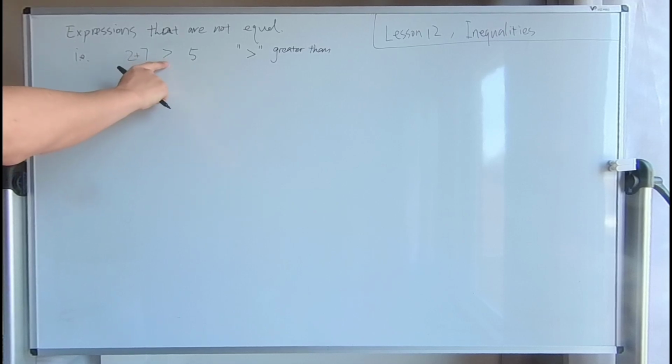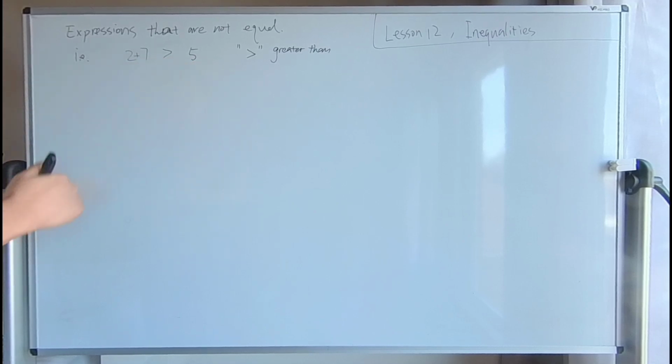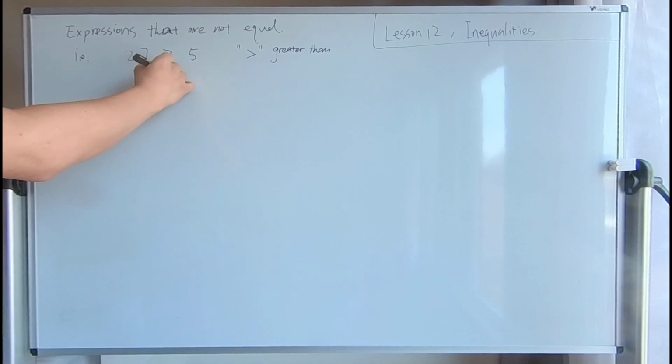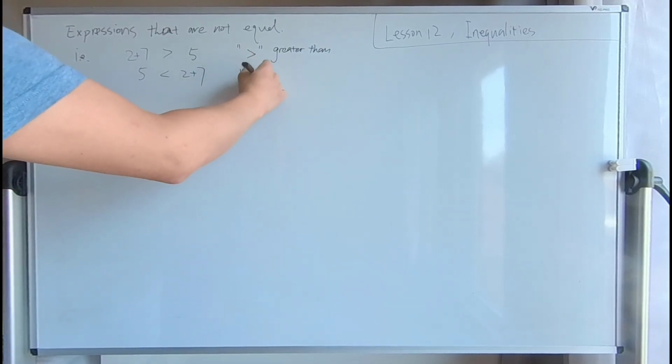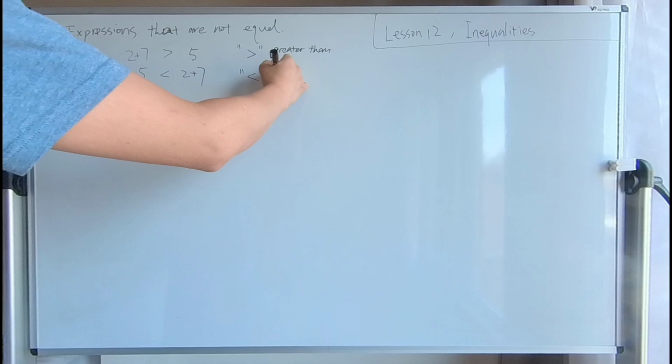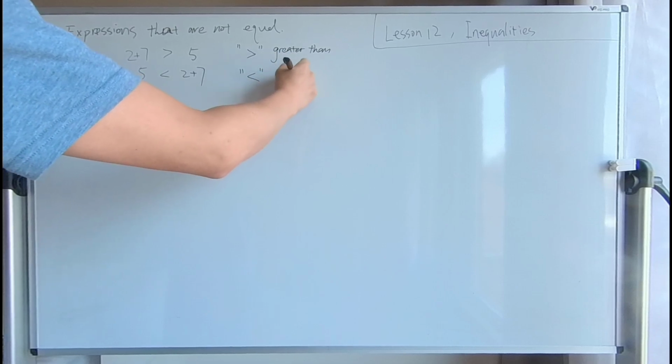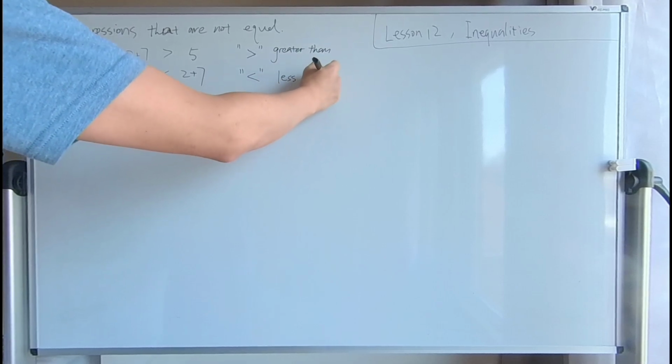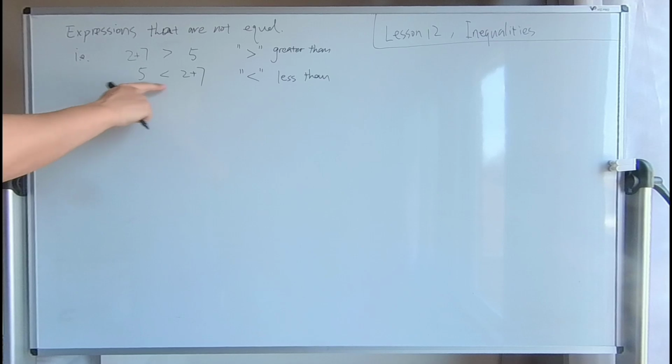So 9 is greater than 5. And if I change the order, then I'm using the opposite notation, indicating less than. Again, we always read from left to right, so this reads 5 is less than 2 plus 7, which is 9.